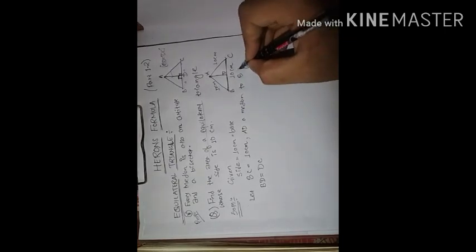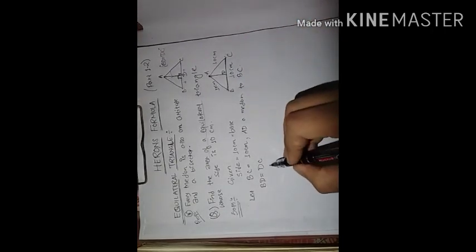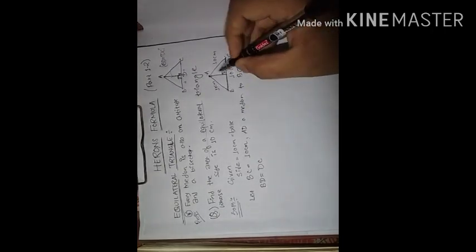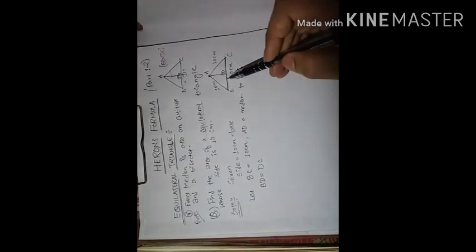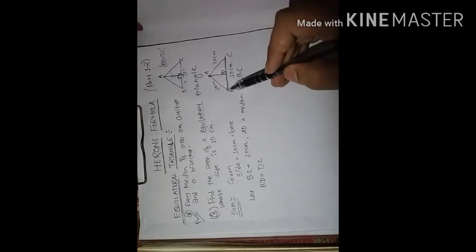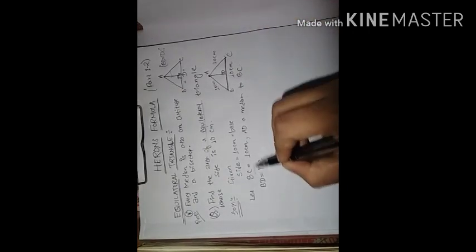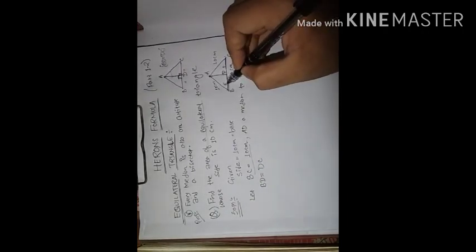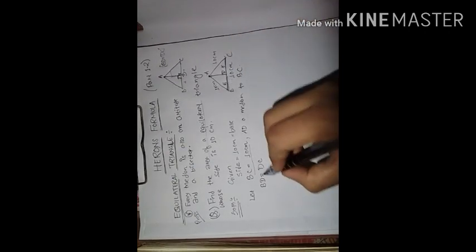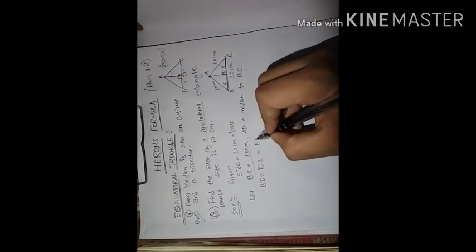Every median is a bisector. That means it will divide the side BC into two equal parts. Now here BC is equal to 10 centimeters, so BD will be equal to 5 and DC will also be equal to 5. So BD and DC will be 5 centimeter.